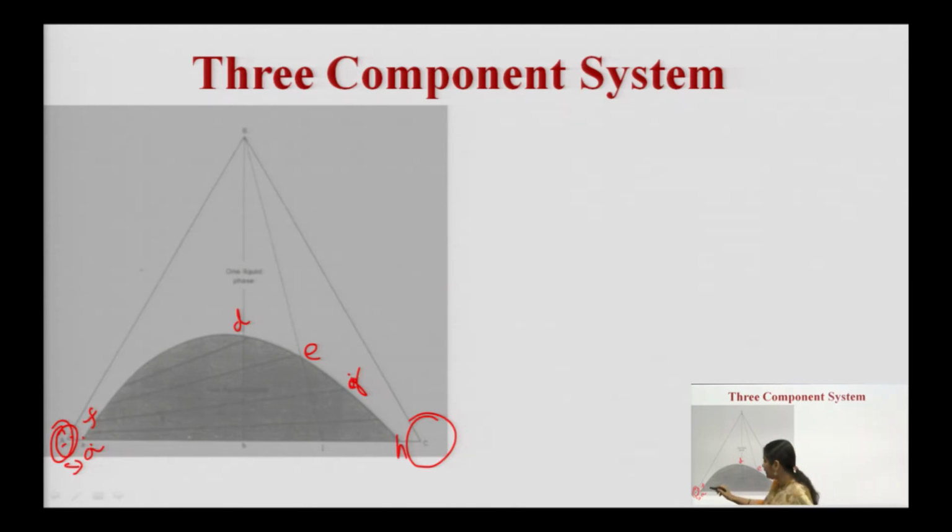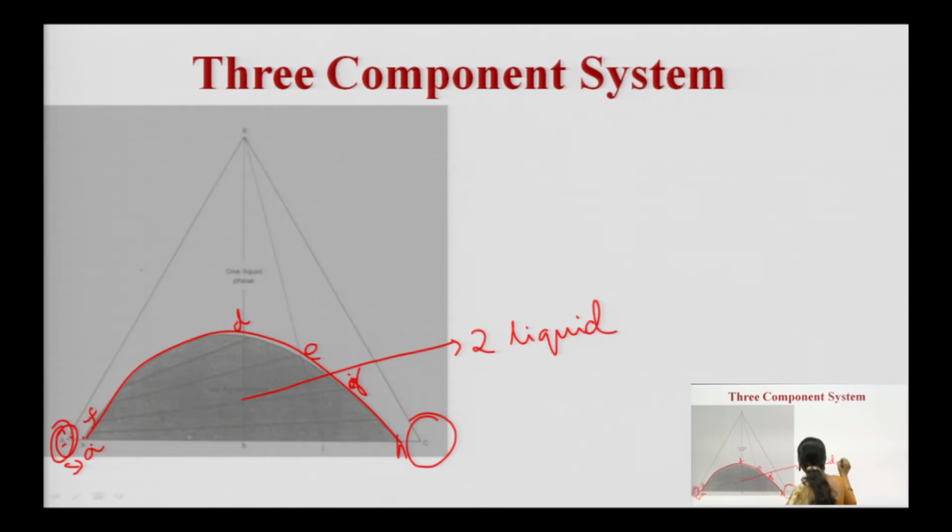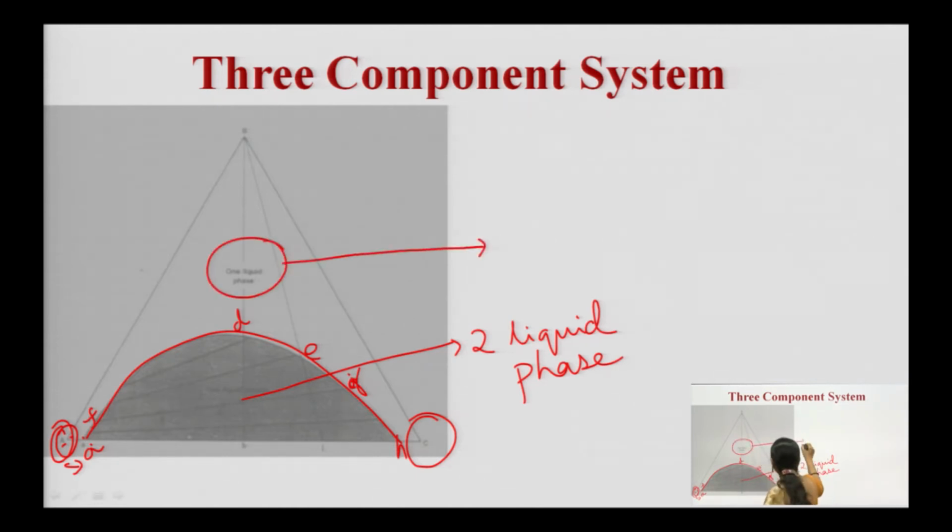Okay. And this line represents the binodal curve, and below this curve two liquid phases exist, and above this one liquid phase exists.